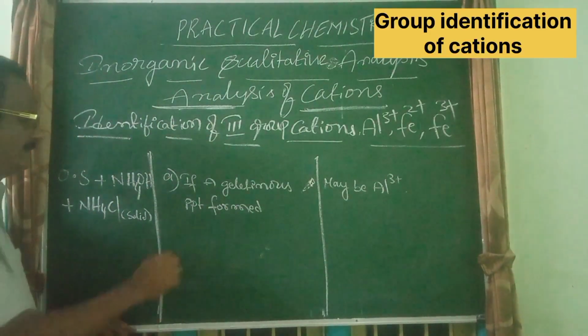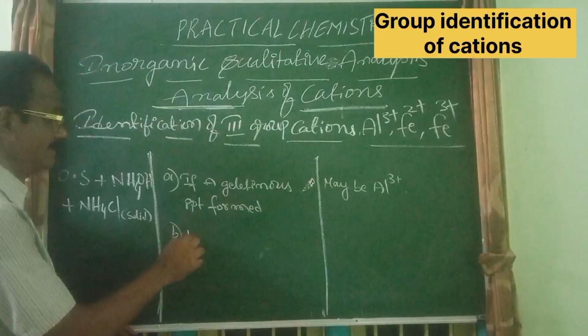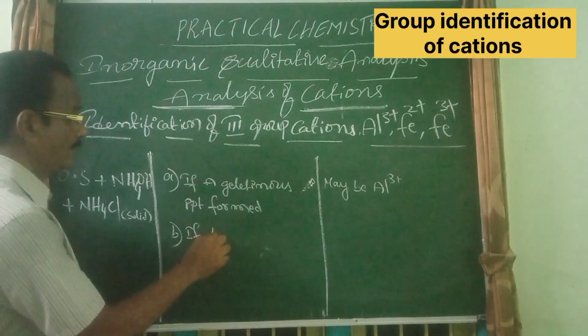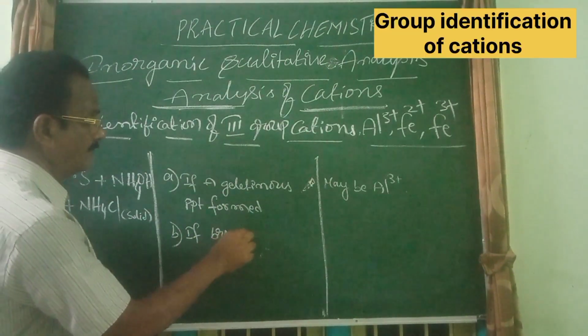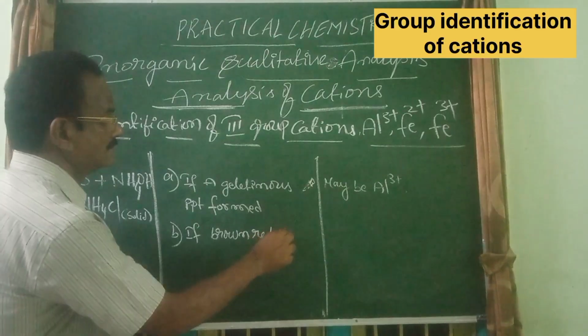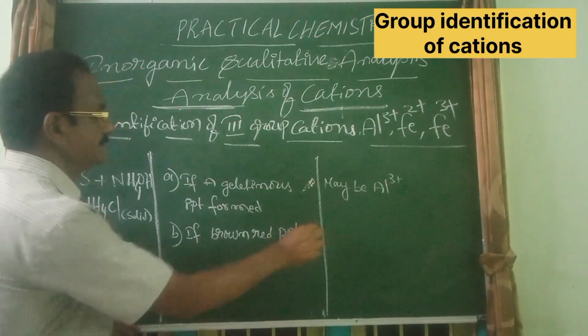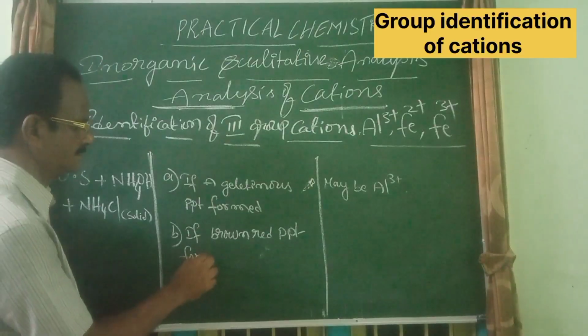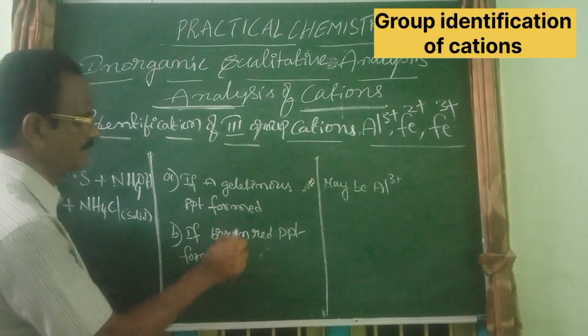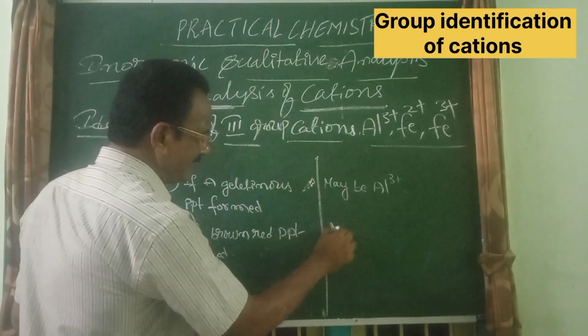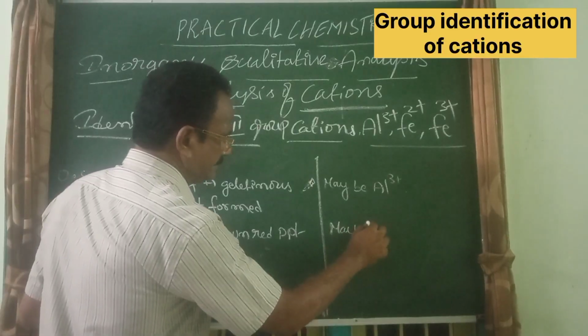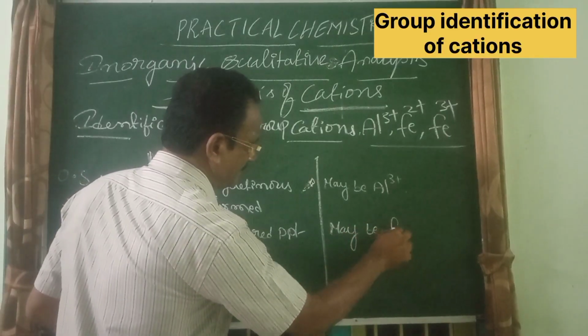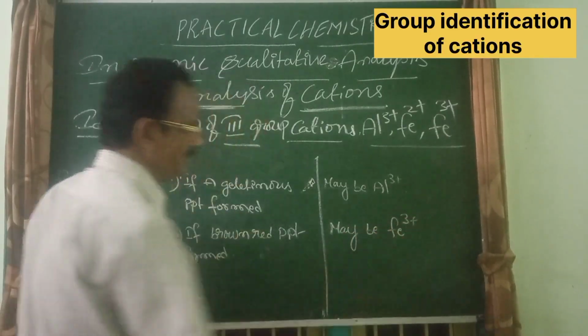Okay, second observation, if brown red PPT is formed, PPT means precipitate, maybe Fe3+, keep in mind.